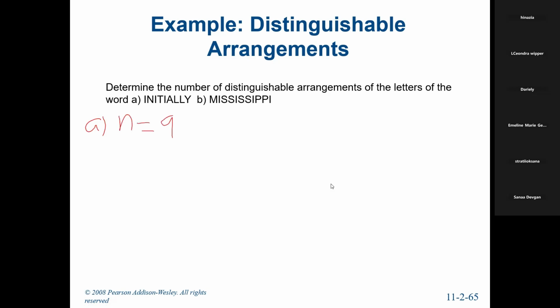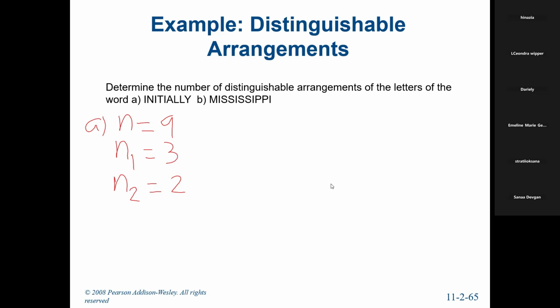Now look at the word. You can observe letter I. How many I's do you see there? 3. So N1 is 3. How about L? 2.